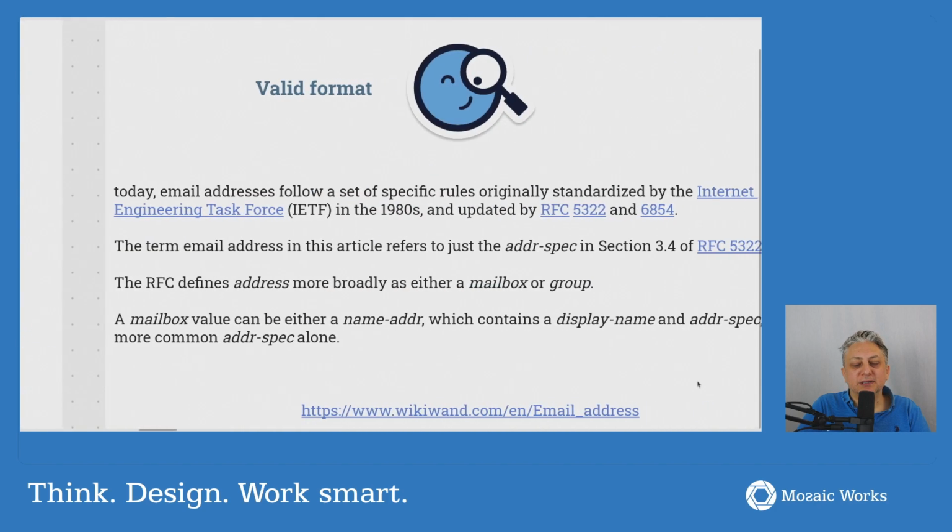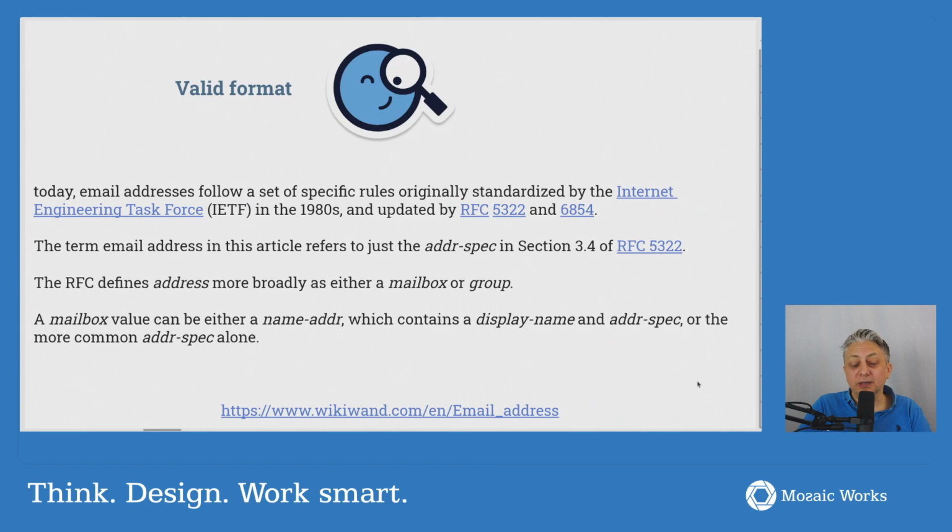Does the email address have a valid format? Well, what is the valid format for emails? The valid format for email addresses is standardized. It was initially standardized in the 1980s and updated through RFCs 5322 and 6854.